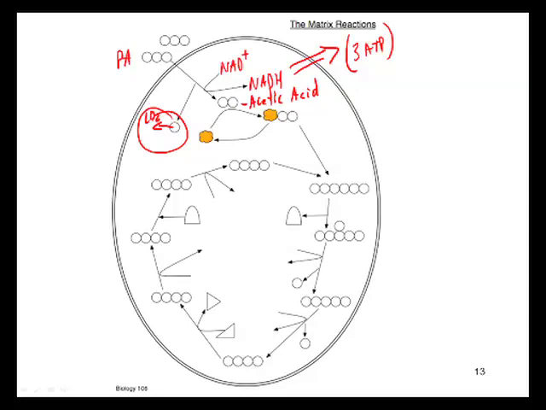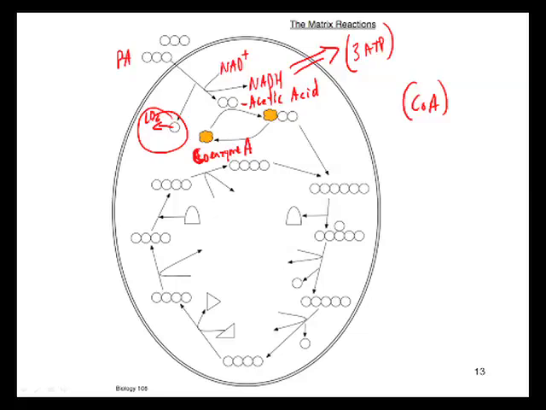Now what's going to happen is that 2-carbon acetic acid will be carried into the citric acid cycle. But it can't do it by itself. We need another molecule. This molecule is called coenzyme A, CoA for short.